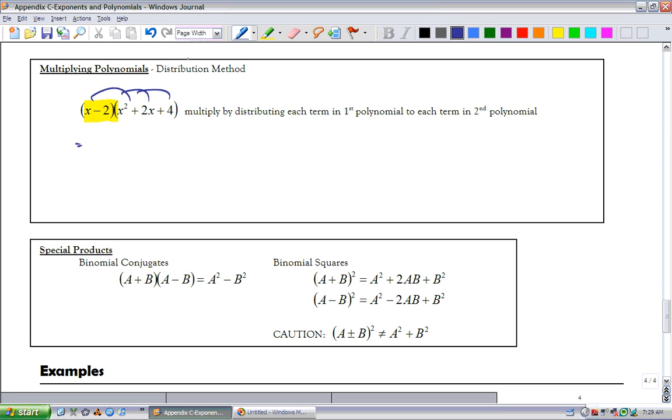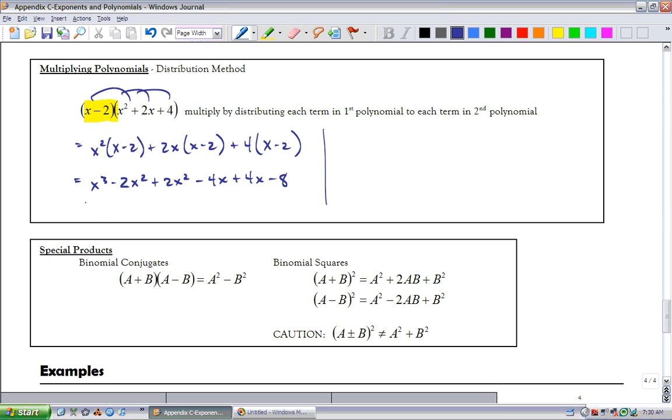What we end up with is x squared times x minus 2 plus 2x times x minus 2 plus 4 times x minus 2. And you end up with x cubed minus 2x squared plus 2x squared minus 4x plus 4x minus 8.